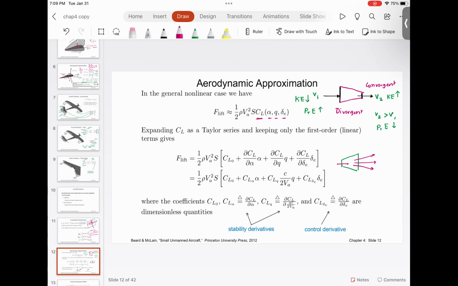So this quantity CL is a function of 3 terms. I'm going to take the derivative of CL with respect to alpha multiplied by the value of alpha, the derivative of CL with respect to the pitching moment Q multiplied by the value of Q, and CL with respect to elevator deflection, multiplied by the elevator deflection. So this is the first order or Taylor series approximation.